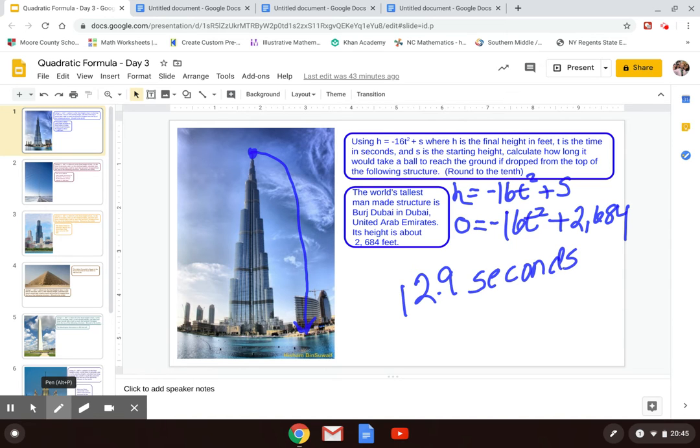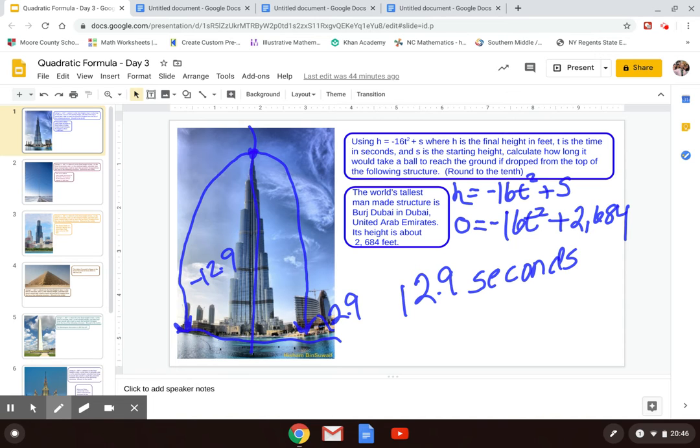And so what that means is from here to here, if I thought of this as a coordinate plane, there's my axis of symmetry. And then I've got right over here 12.9. And then over here, I have 12.9 as well. Even though it's a negative 12.9, no matter where the ball falls from, it's going to still require 12.9 seconds to hit the ground.